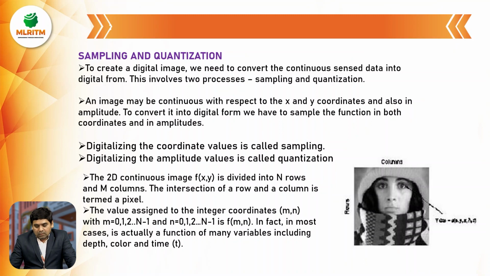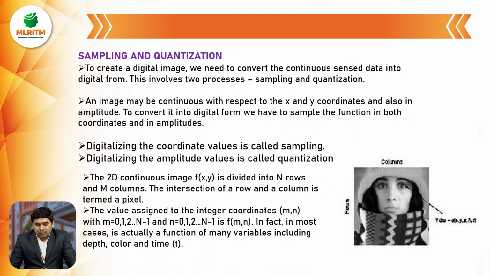To convert into digital form, we need these two processes. We sample the function in both coordinates and amplitude. The definition of sampling: digitizing the coordinate values is called sampling. And the definition of quantization: digitizing the amplitude values is called quantization.